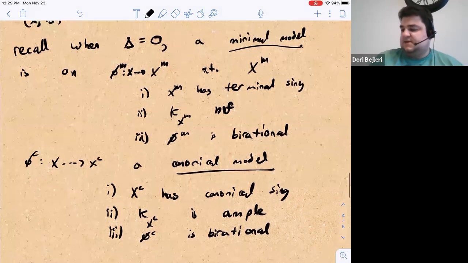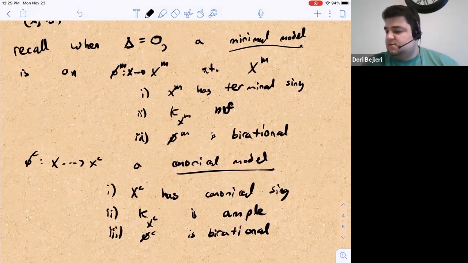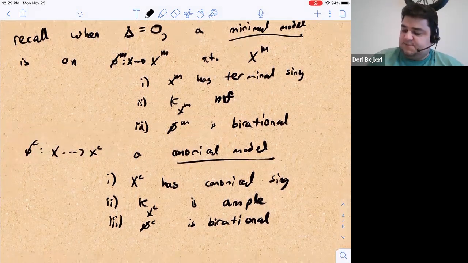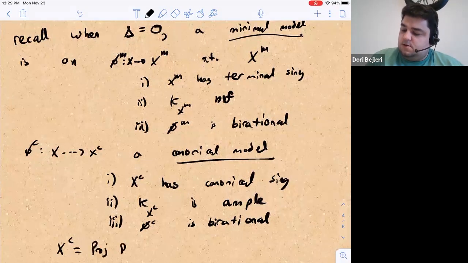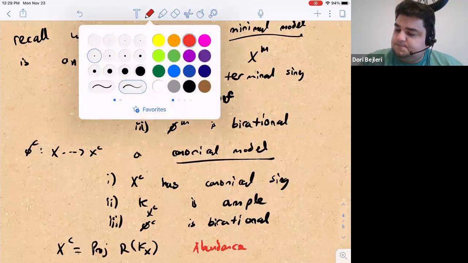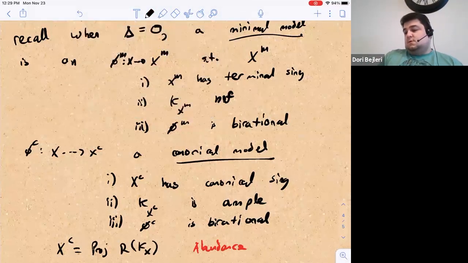And then finally, in this canonical model case, assuming some conjectures, we expected that X_C is Proj of the canonical ring. And this is the abundance and finite generation. Okay, so that's what we wanted in the absolute case, and now we've generalized to this case of pairs.